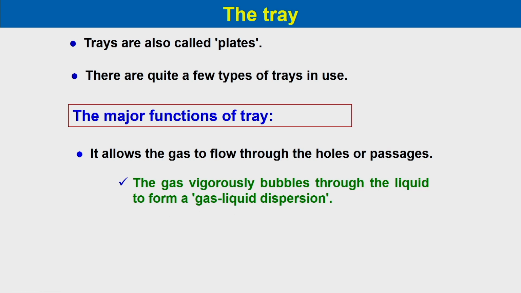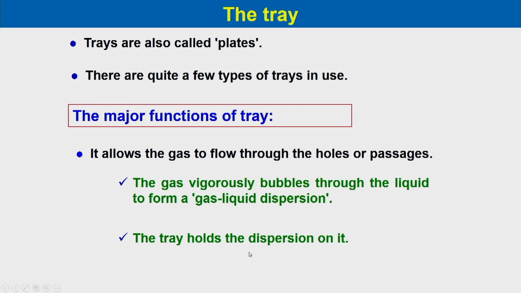When the liquid comes down from the downcomer of the upper tray, there is a liquid height maintained and the gas which passes through the perforations of the plate bubbles through the liquid. While doing so, it makes a gas-liquid dispersion and creates turbulence, and hence increases the mass transfer coefficient and gas-liquid interfacial area.